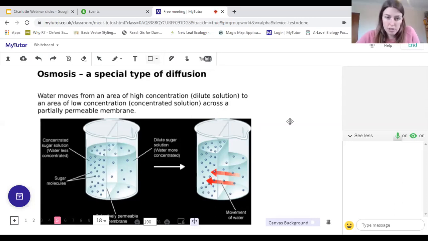An area of high concentration of water would be a dilute solution, and an area of low concentration of water would be a concentrated solution. Now, this can be quite difficult to get your head around, but the secret is to think of squash. If you've got a glass of squash and it's dilute, there's lots of water, so there's a high concentration of water.